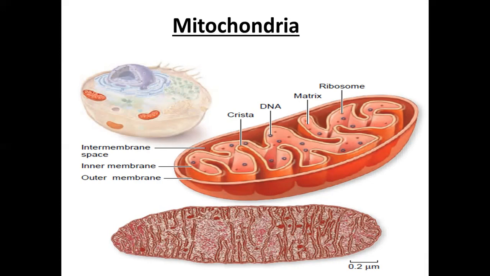Functionally, both are involved in energy metabolism. Remember, mitochondria metabolize sugar, which generates ATP, and chloroplasts are involved in photosynthesis. The mitochondria are present in all eukaryotic cells and have two layers of membrane, an inner layer and an outer layer.